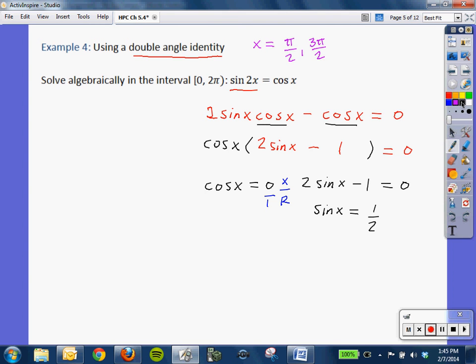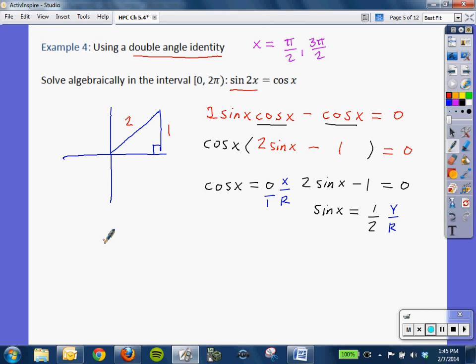So let's think about the definition for sine. Sine's definition is y over r. Let's think about the different quadrants where we have a positive ratio for sine: 1 and 2. Our y values in the first quadrant are positive. So we have a y value of 1 here and an r value of 2 here.